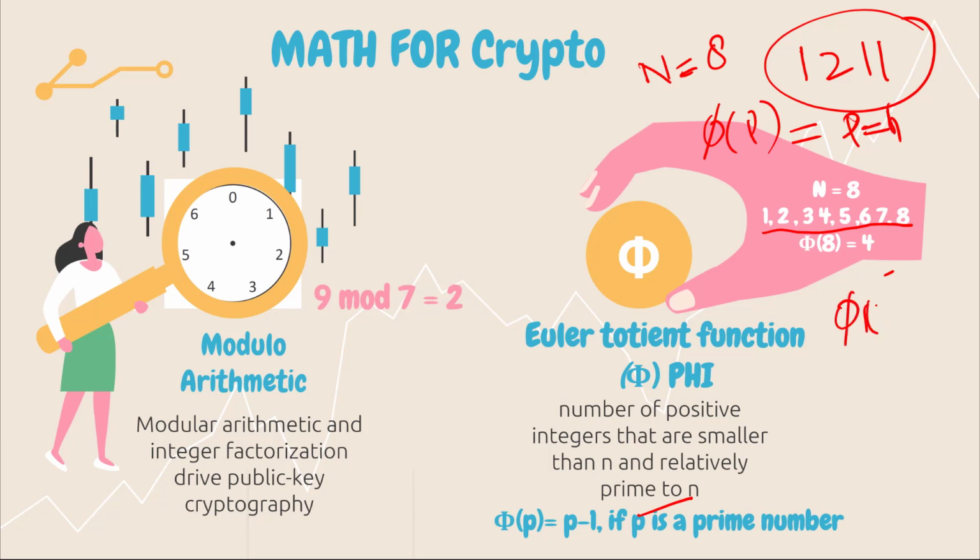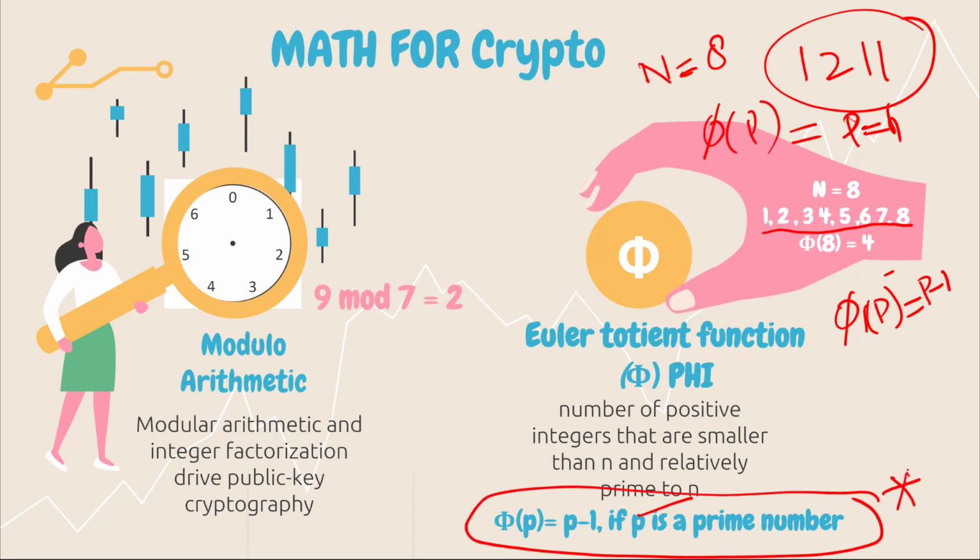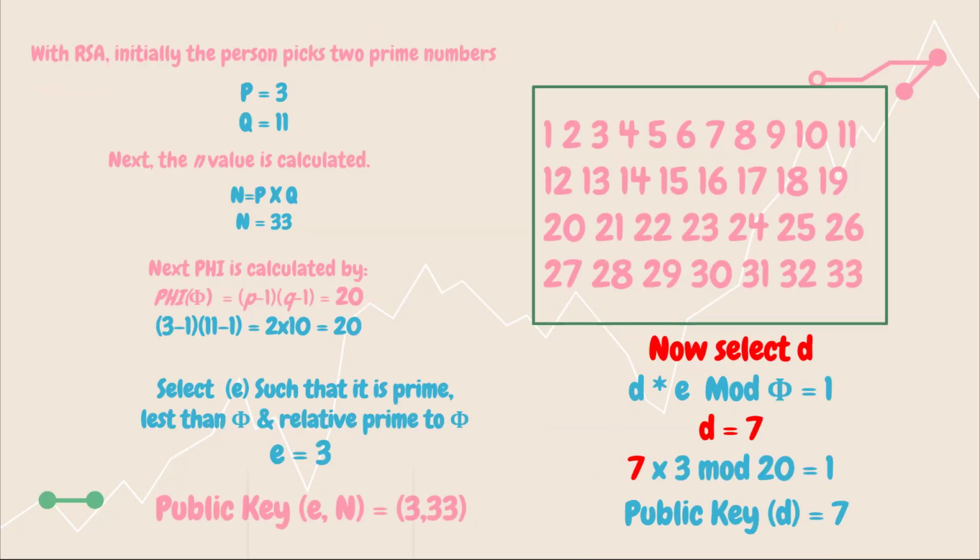So the phi function of any prime is easy to know; it is just p minus 1. Let's remember this concept and put a star on it, because that's going to come later on. Okay, now let's try these numbers for real. Let's see how RSA really works.